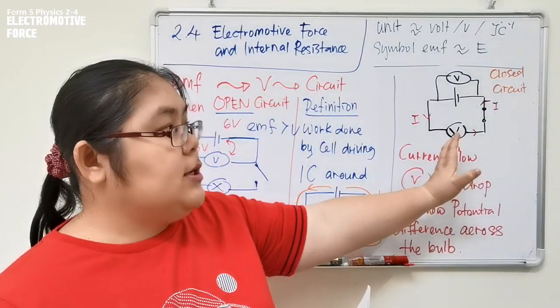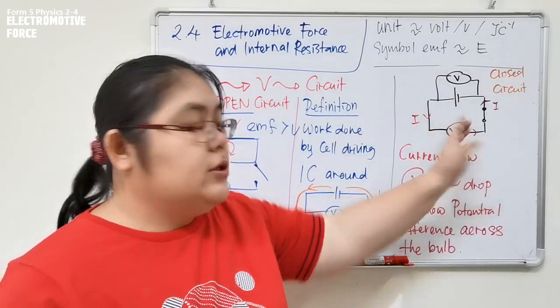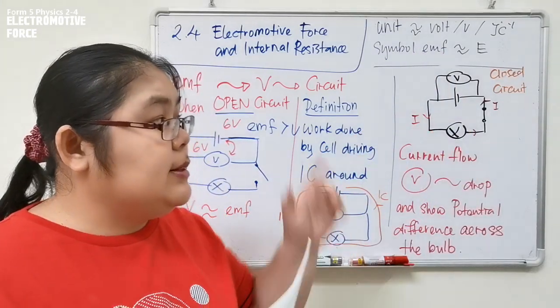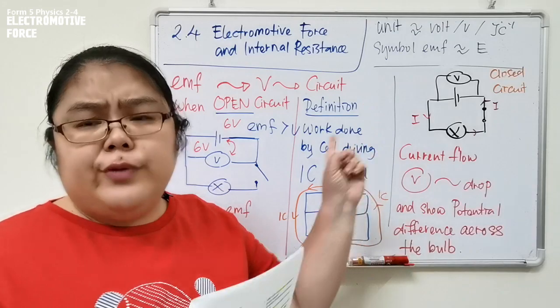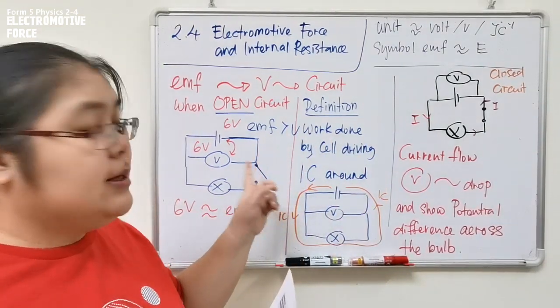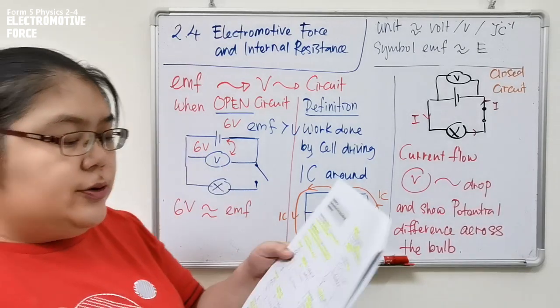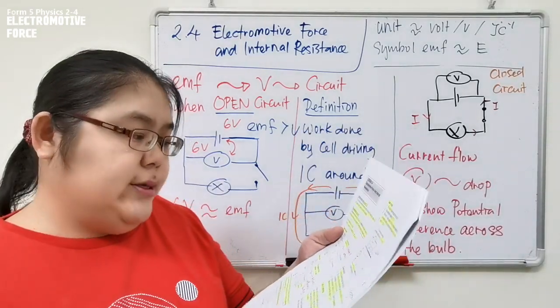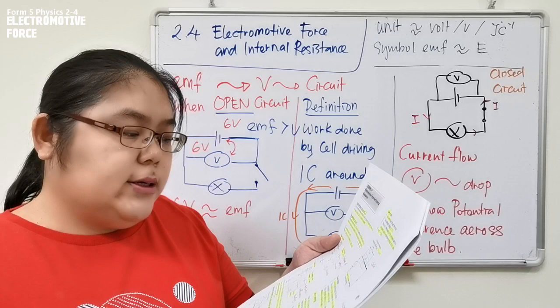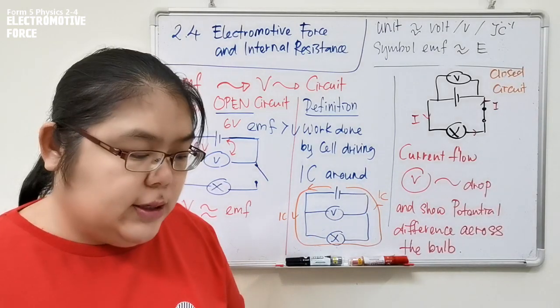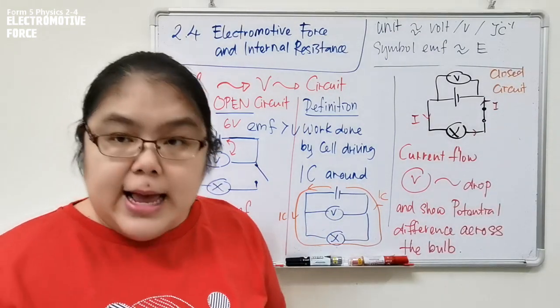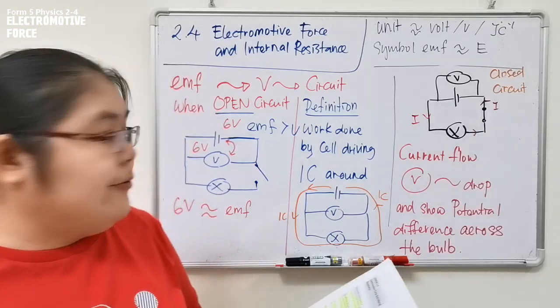So when I close the circuit, the voltage comes out and goes to the bulb. That means this one will surely be smaller than the EMF. Agree or not? From the diagram you can see that when closed circuit, the reading of the voltmeter, that's V, must be less than the EMF.